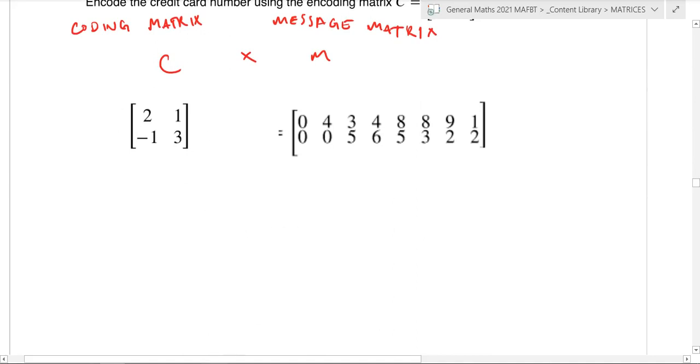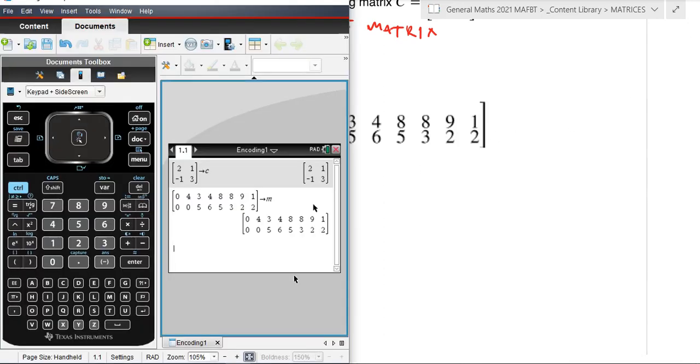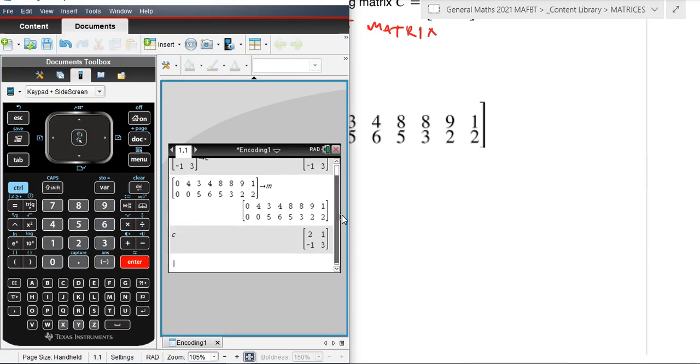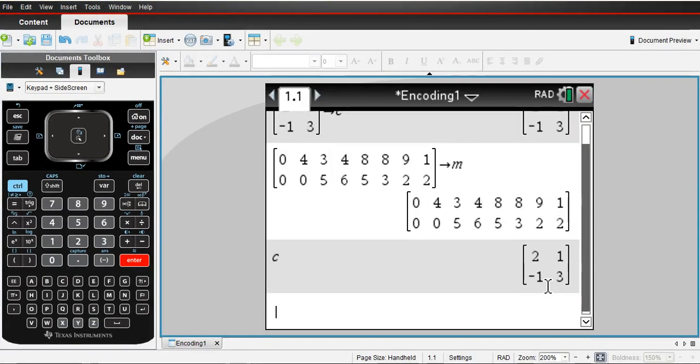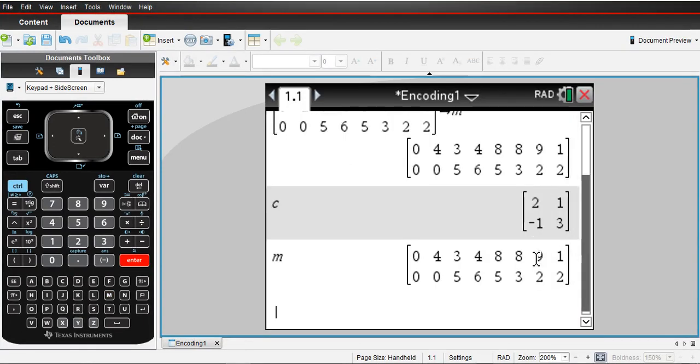So it's always going to be coding matrix times the message matrix. And for example, when you're on PayPal and you want to use your credit card, for cybersecurity reasons, what will happen is when your details get sent, they'll probably have a matrix called a coding matrix, and then they'll put your credit card in some sort of 2 by whatever matrix, and they'll multiply them together.